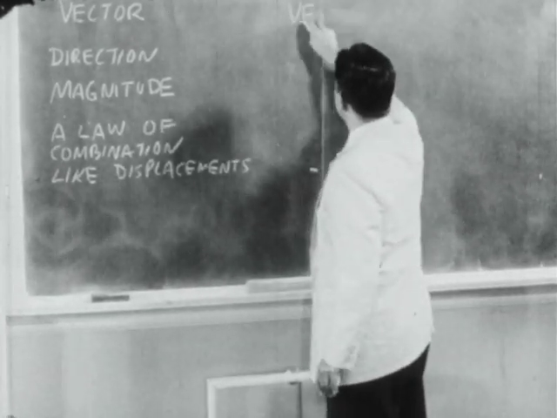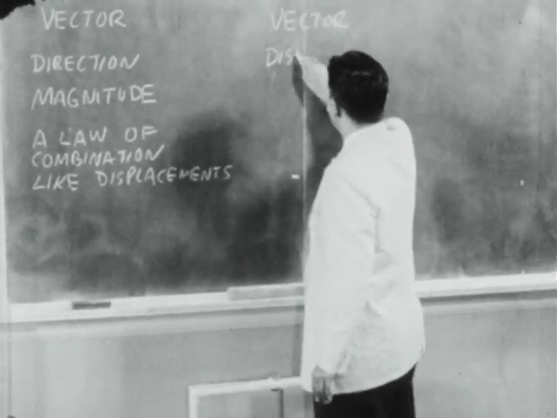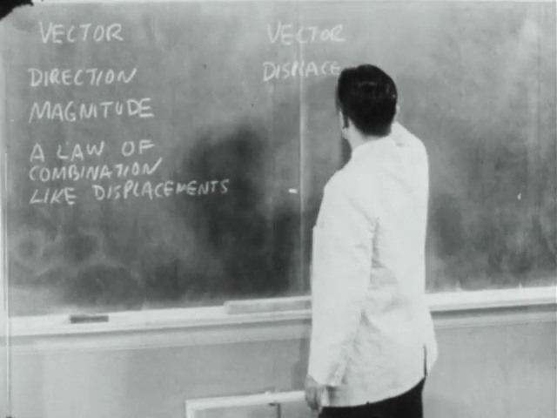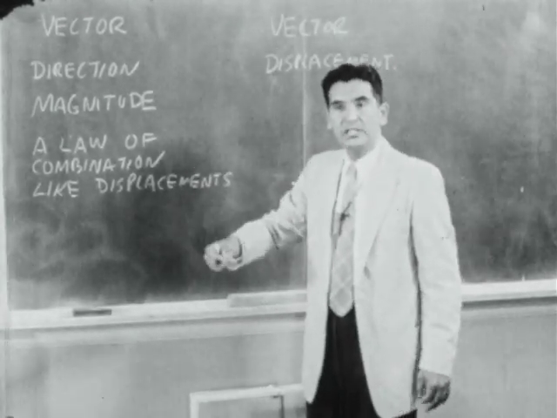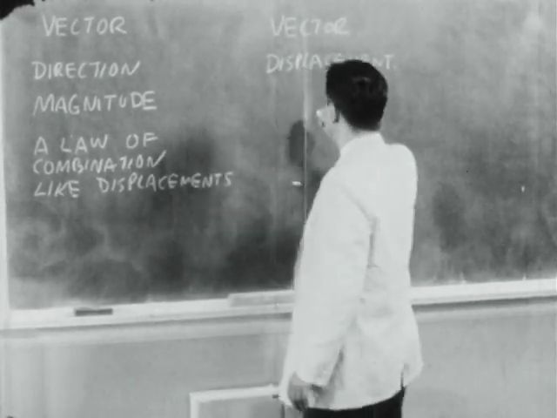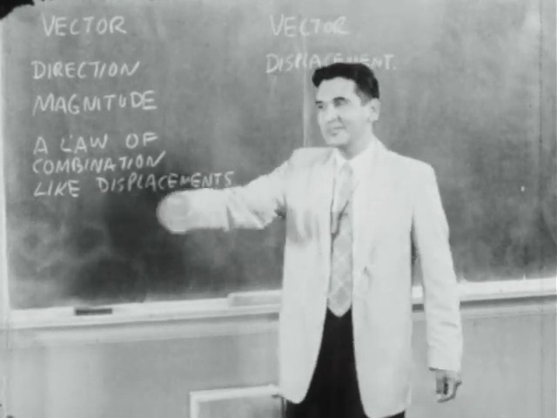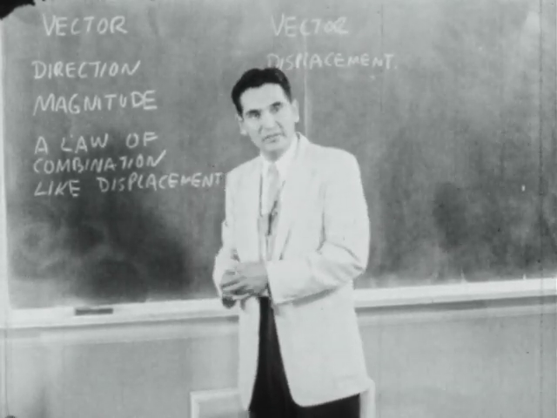In my list of vectors so far, I put down displacement as the most obvious one. In my notes I had put it's the primordial vector, and one of the comments that I got was, what's that? Well, it's the most primitive vector. It's the one most easily recognized, or the one easiest to visualize.